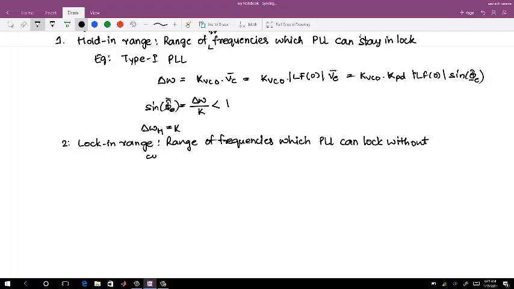Cycle slipping is normally defined as when the phase error accumulation exceeds 2 pi, meaning 0 to 2 pi, it's not like minus 2 pi. That's why the phase error accumulation exceeds 2 pi.